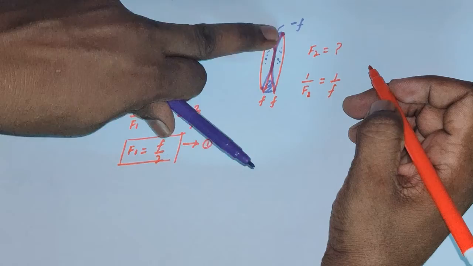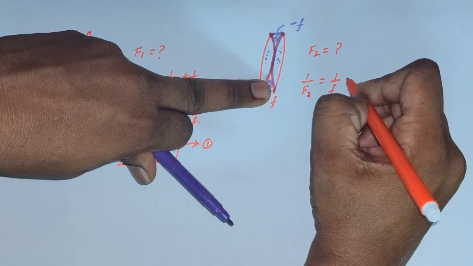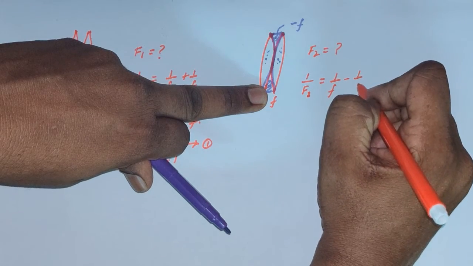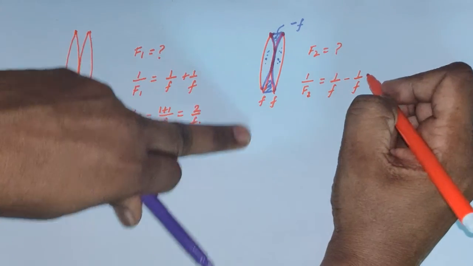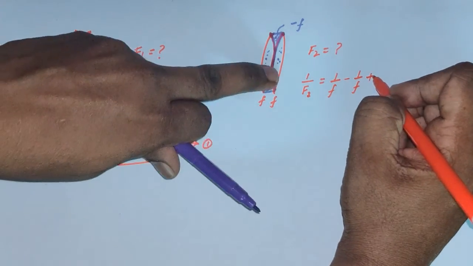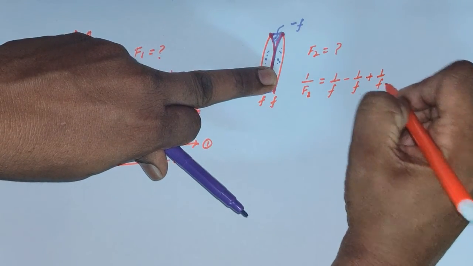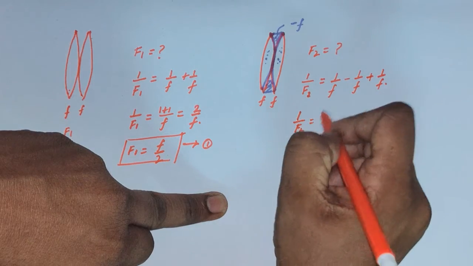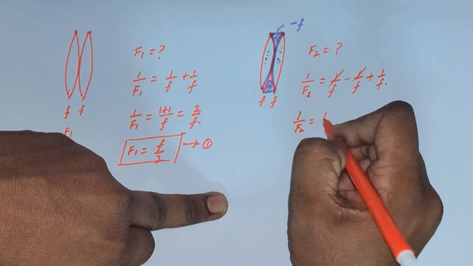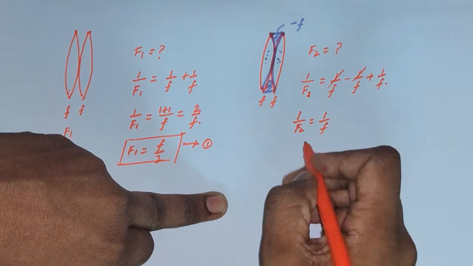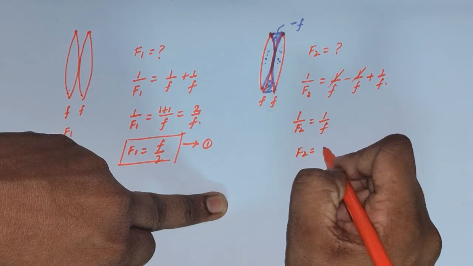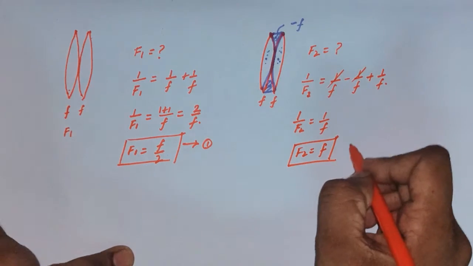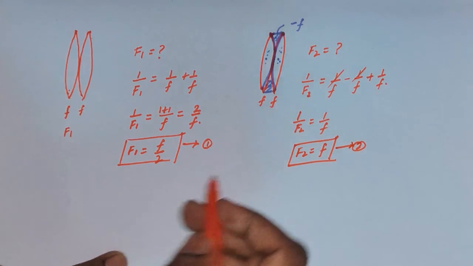Next is the concave lens, the glycerin acting as a concave lens, whose focal length gives 1 divided by minus f, or minus 1 by f. Plus the last convex lens, 1 by f. Hence 1 by F2 equals plus 1 by f minus 1 by f plus 1 by f, so it is 1 by f, or F2 is f. So this we take as equation number 2.